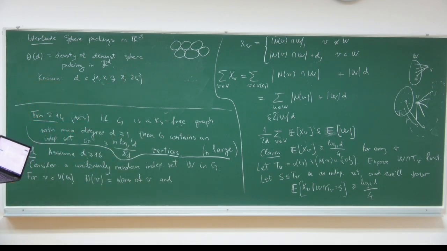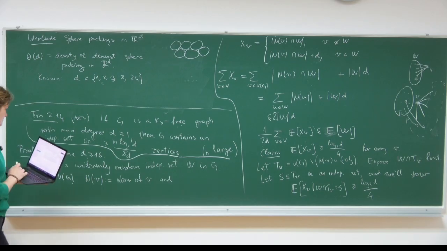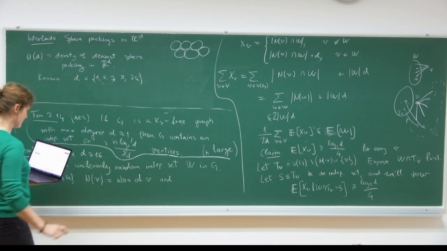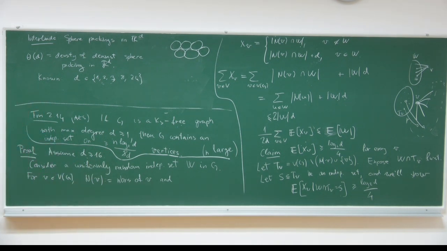So dimension 2 was resolved by Thue in the 19th century. Dimension 3 was conjectured by Kepler in the 17th century, but it was proven by Hales, and it's a long, heavily computer-assisted proof, but it was formalized by a proof assistant.